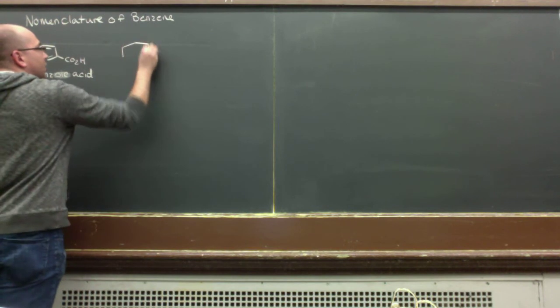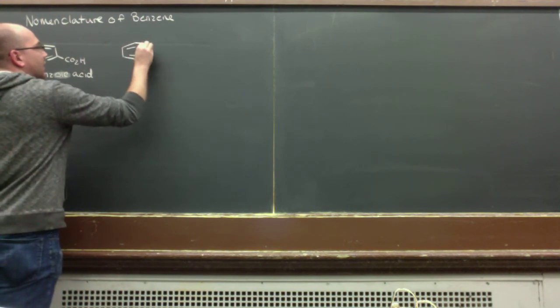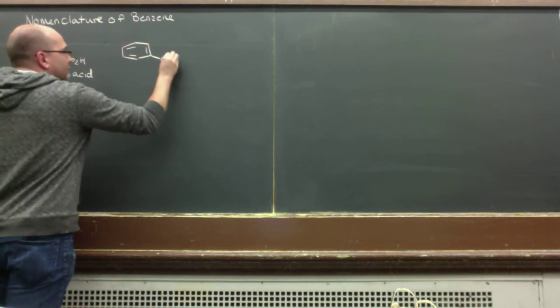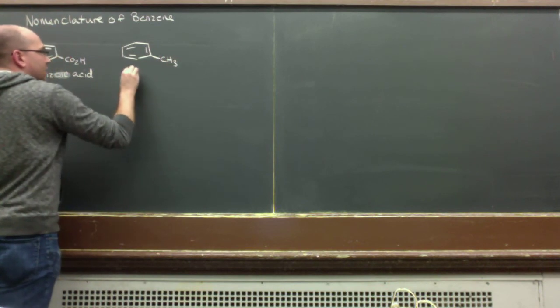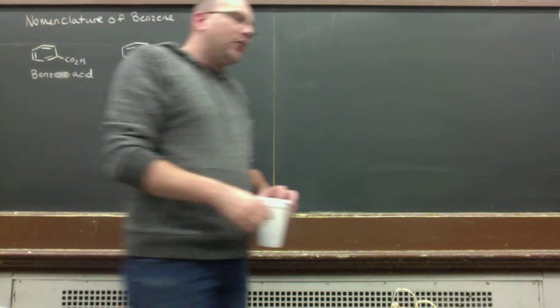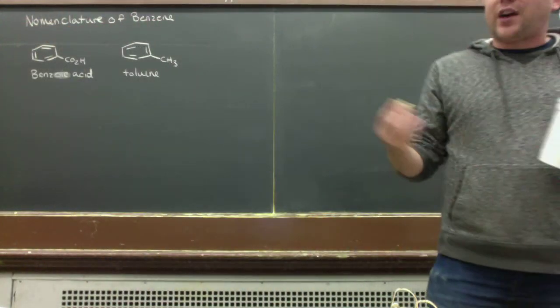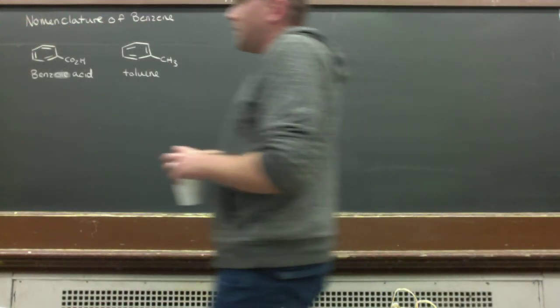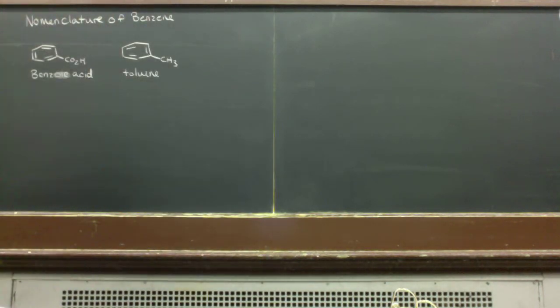Another one that you'll see a lot is this one. This is toluene, and so you'll occasionally see toluene sulfonic acid. Paratoluene sulfonic acid, for example, is an acid that we'll see time and time again.